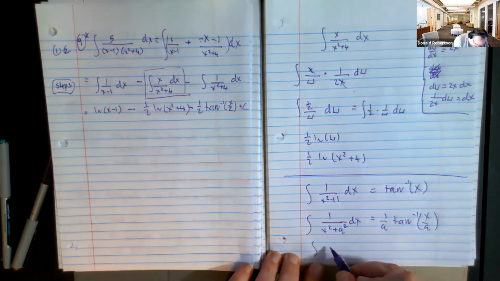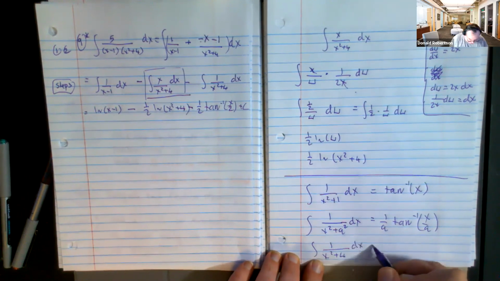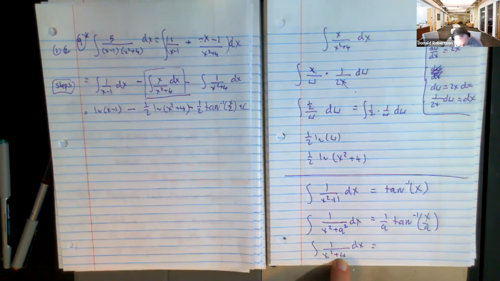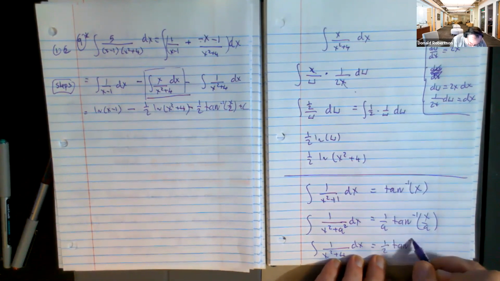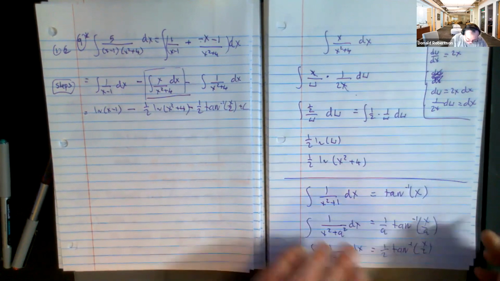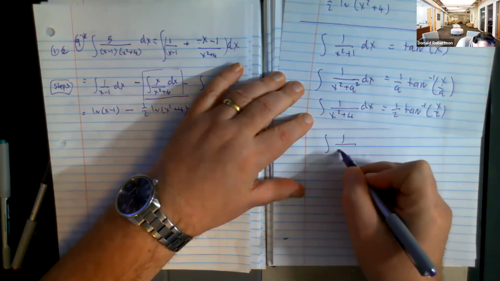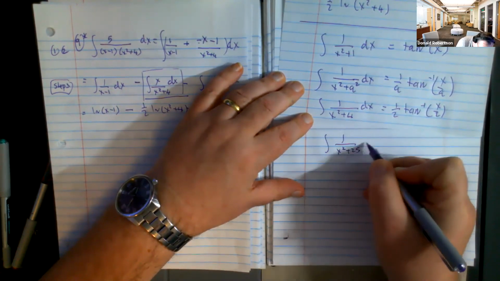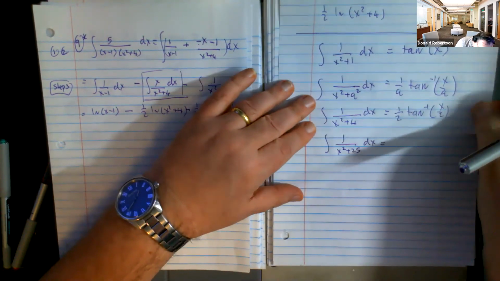So when you tell me I have an x squared plus 4, for instance, I look at that and say, oh, you mean 2 squared? If, however, it was 1 over x squared plus 25, the change would be 5 squared.